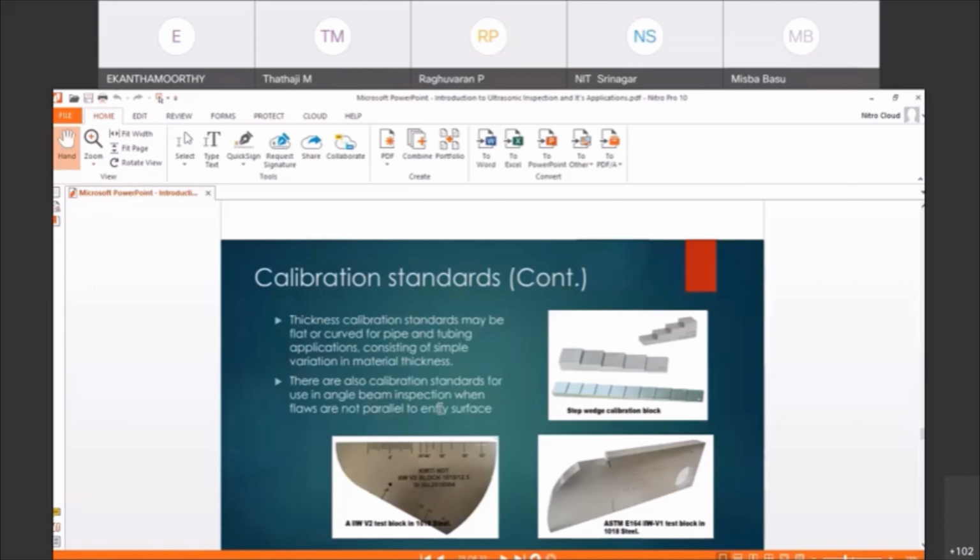Always in ultrasonic testing, the beam should hit perpendicular. Then only it will reflect back from the indication. So in that particular application, we will do the angle beam inspection, so that defects oriented at a different angle can be detected. We have to use different angle beam probes. In normal beam, we cannot detect any oriented defects.